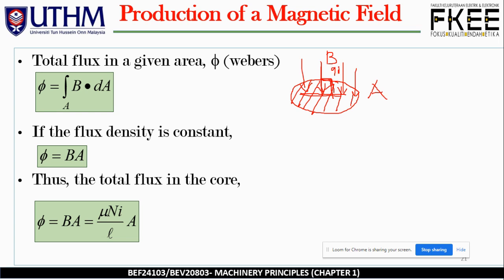So the flux is flowing perpendicularly onto the surface A, and from here we integrate B dot dA, where dA is the differential unit of area. If the flux density is constant, we have phi equals BA, as simple as that.